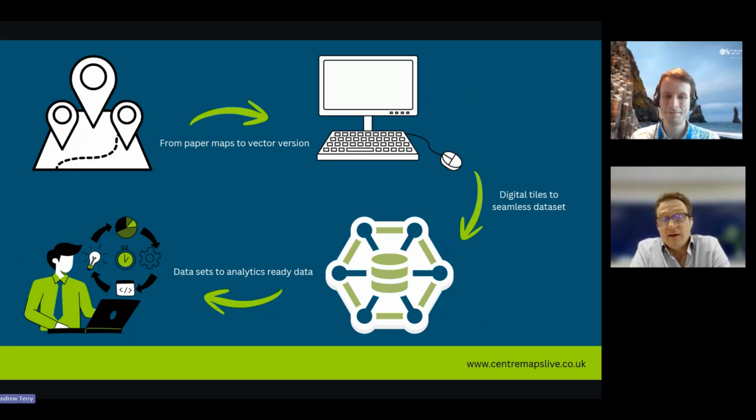Then in the 90s, the paper maps became a digitized version picked up in CAD, but with fairly limited attribution, and then came a program of positional improvement to make sure it all aligned nicely to modern GPS and positioning technologies. Then the data got enhanced to a seamless coverage, which we're familiar with today in terms of the OS MasterMap Topography Layer. People are using that in CAD and GIS and taking prints, and that's great. And it has a set of complementary datasets as well, with address and other complementary data.